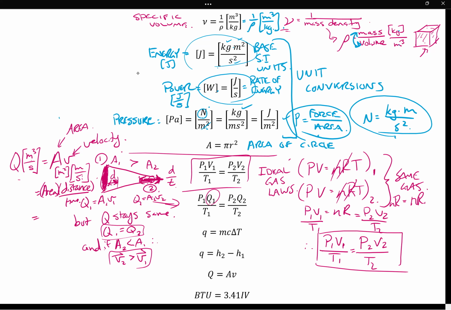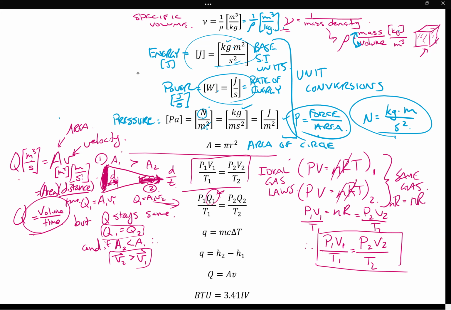So what we have is area times distance is volume over time. And that's where we can solve for volume. We can get Q in here for volume for a certain amount of time.